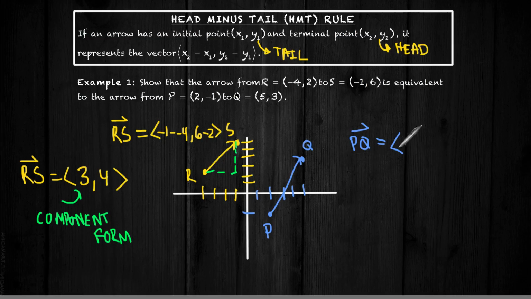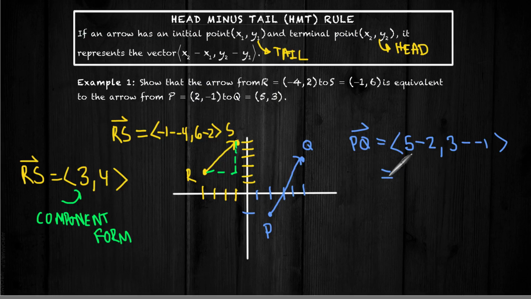That's going to equal the head minus tail. So it's going to be the x-coordinate of Q, which is 5, minus the x-coordinate of P, which is 2, comma, the y-coordinate of Q, which is 3, minus the y-coordinate of P, which is -1.